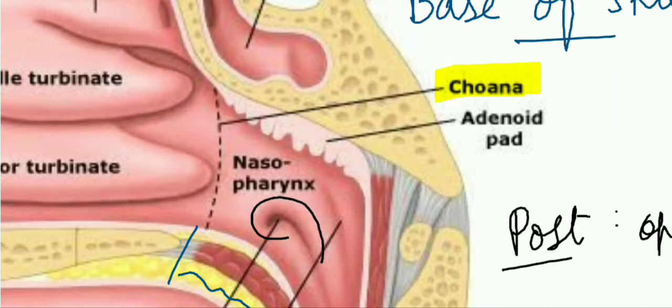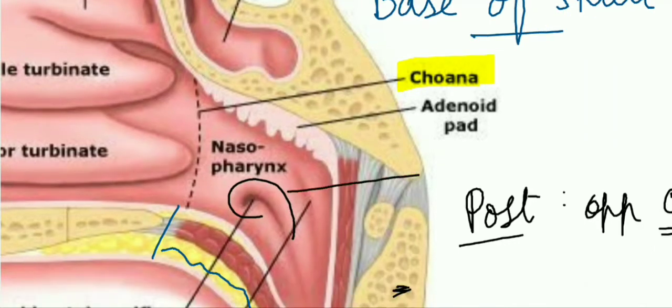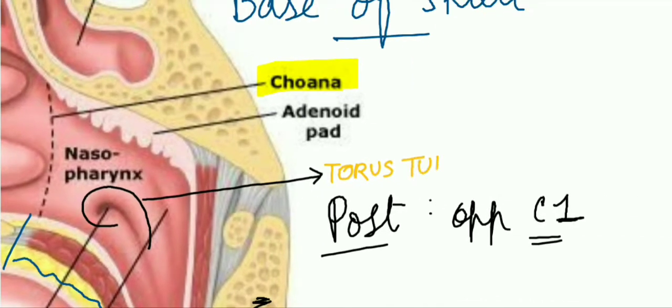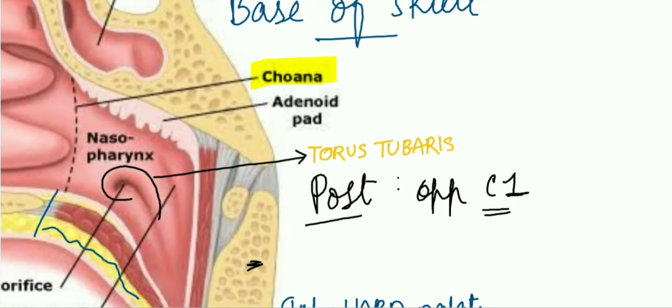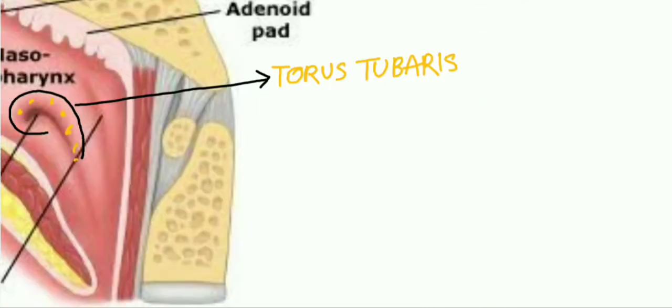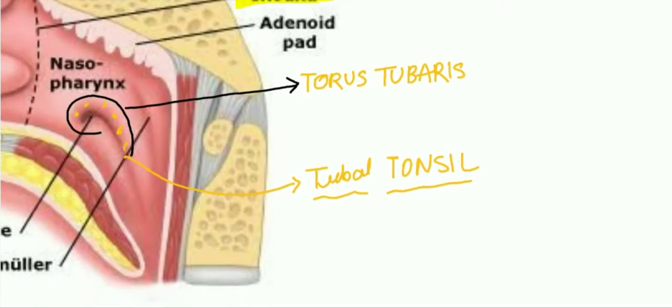Surrounding this is an area of elevation which is called the torus tubarius. Do you remember the tubal tonsils which are located here? Yes, these are the subepithelial lymphatic masses located within the torus tubarius.